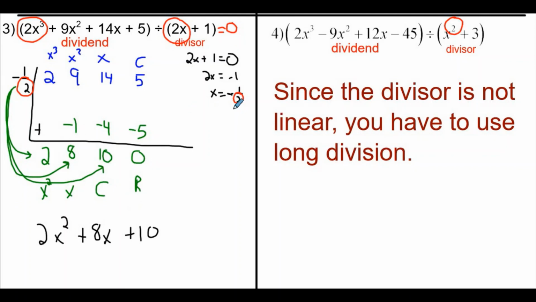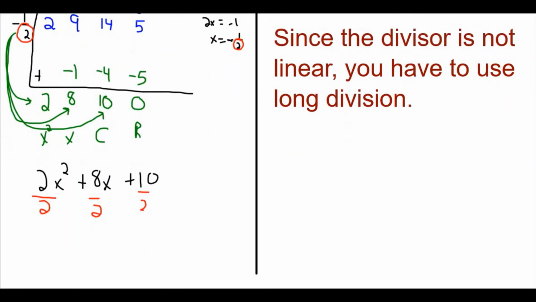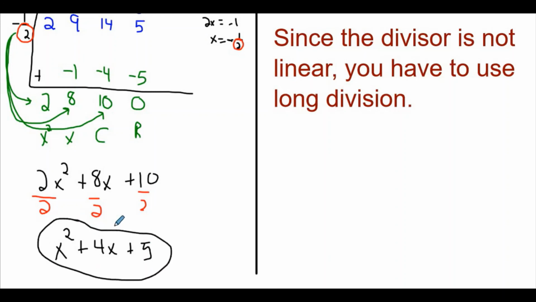So you just have to remember, if you have a fraction for long division, you have to come back and divide by the denominator. You don't care about the negative or the 1. You just care about the denominator. And the real answer is actually x squared plus 4x plus 5. That's the real answer. It has to be reduced by the denominator.